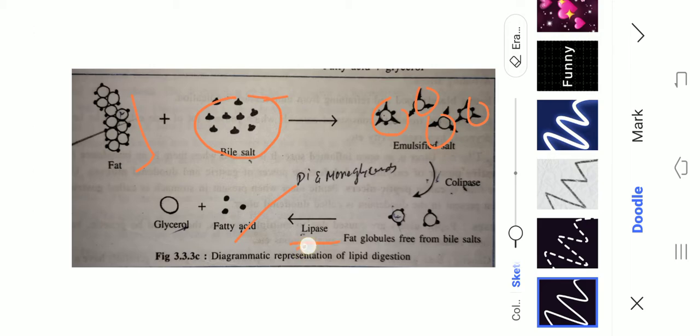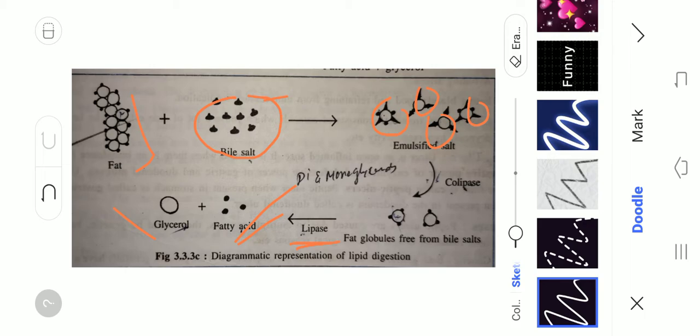After that, the lipase enzyme breaks down the emulsified fat. Then the result is fatty acids and glycerol. The end products of lipids are nothing but fatty acids and glycerol. Like that, the fat molecules undergo breakdown with the help of certain enzymes.